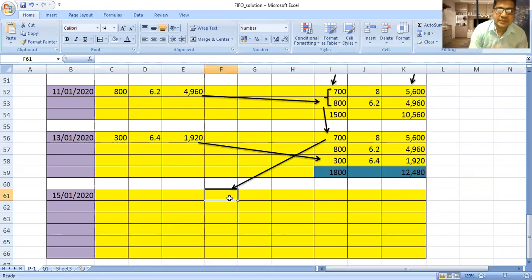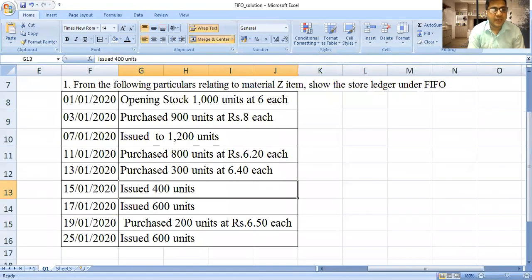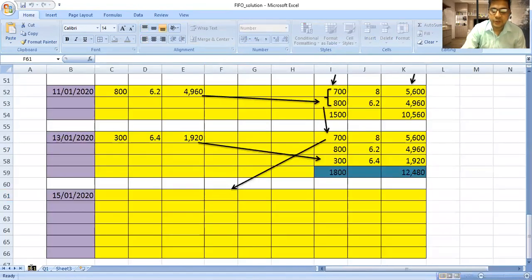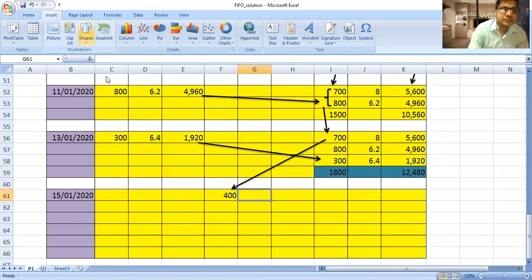So from this 700, we have to use 400 units. So these things you have to keep in mind. Now the rate is 8, so the rate also we have to consider the same.